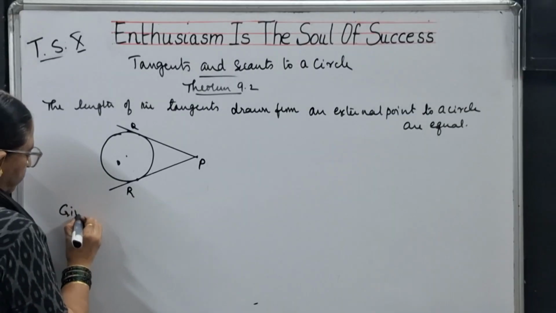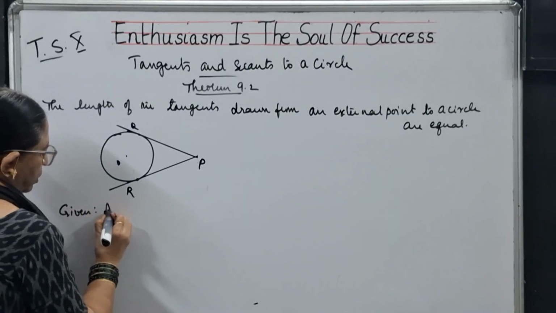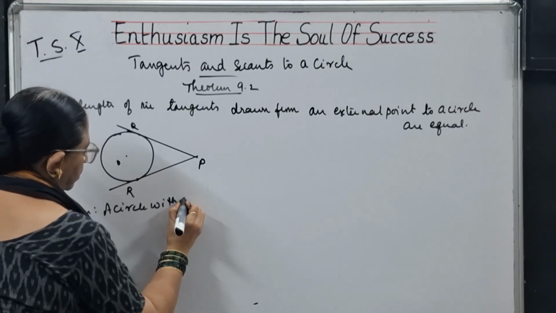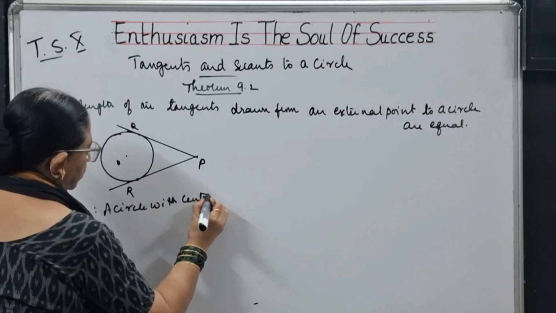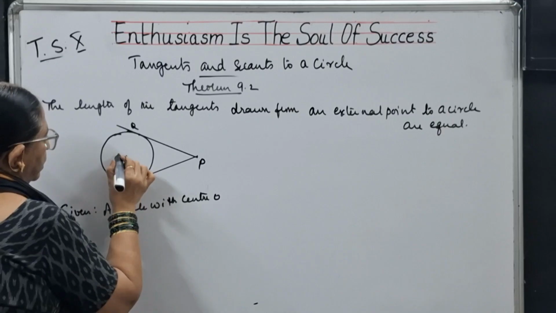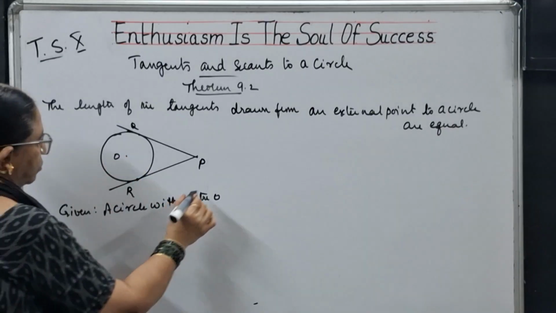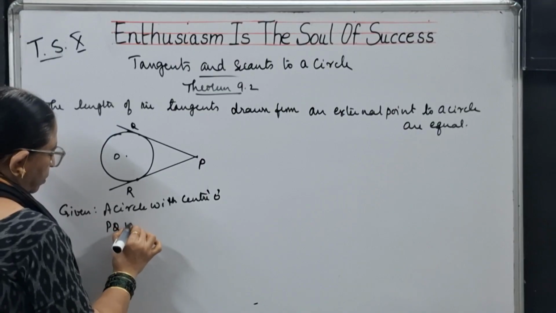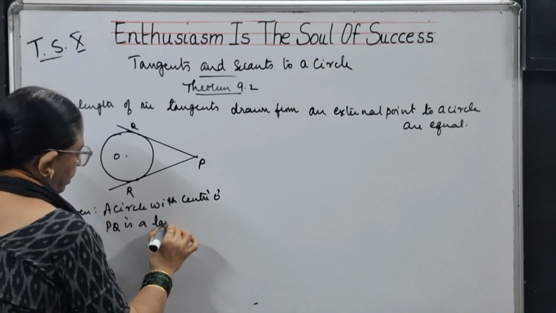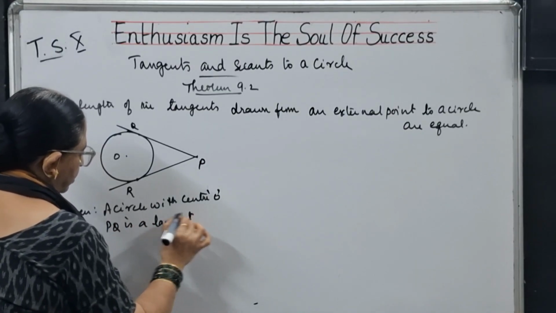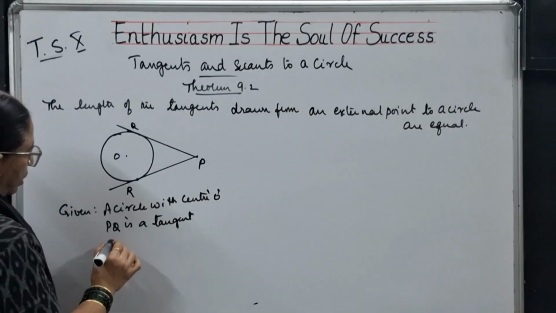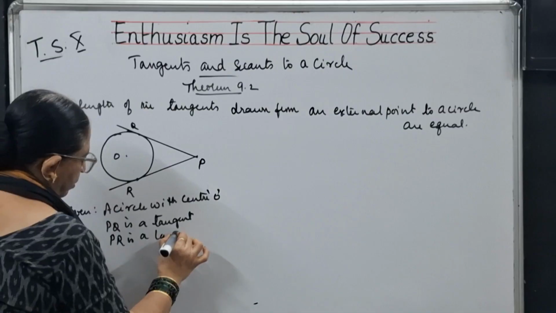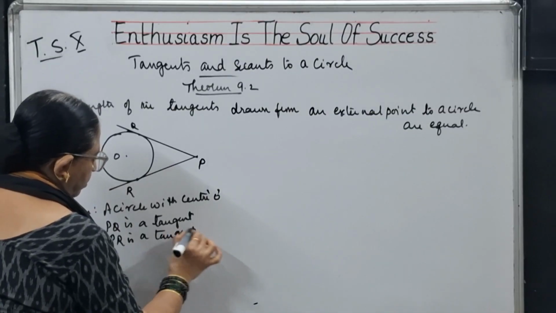So what is given to us? We have got a circle with center O, and PQ is a tangent, and PR is a tangent. This is given to us.